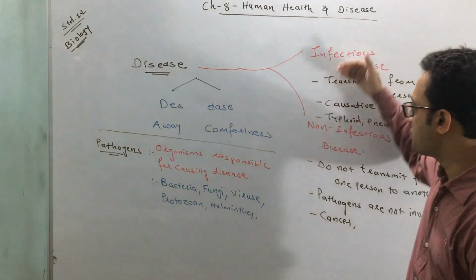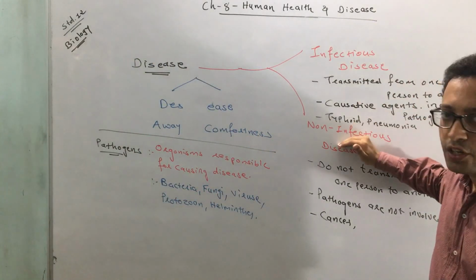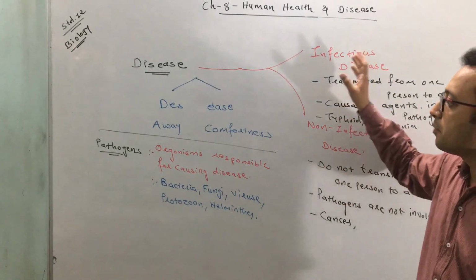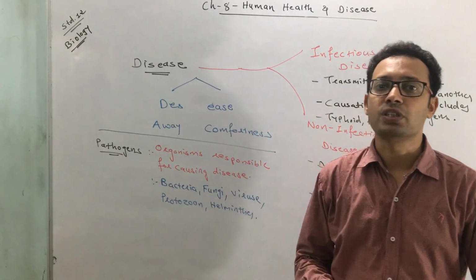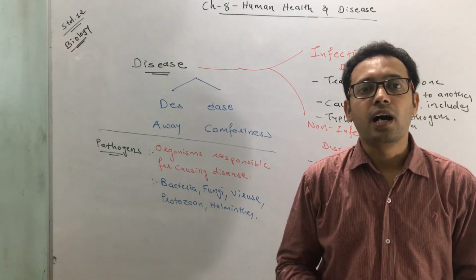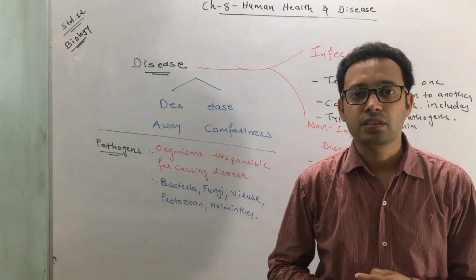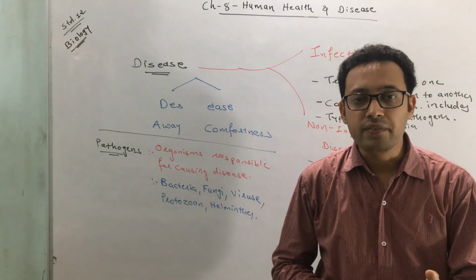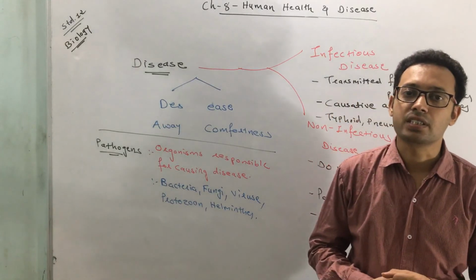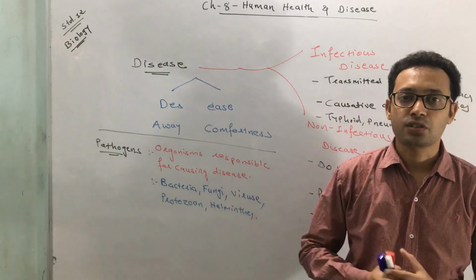Types of disease, infectious and non-infectious disease, the difference between them, and the pathogens responsible for causing infectious disease. We have also learned how a pathogen causes infectious disease. We will learn the different types of infectious and non-infectious diseases in the next session.